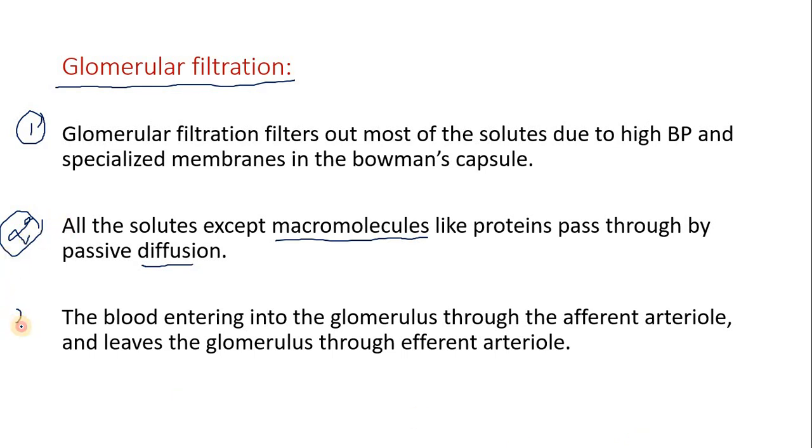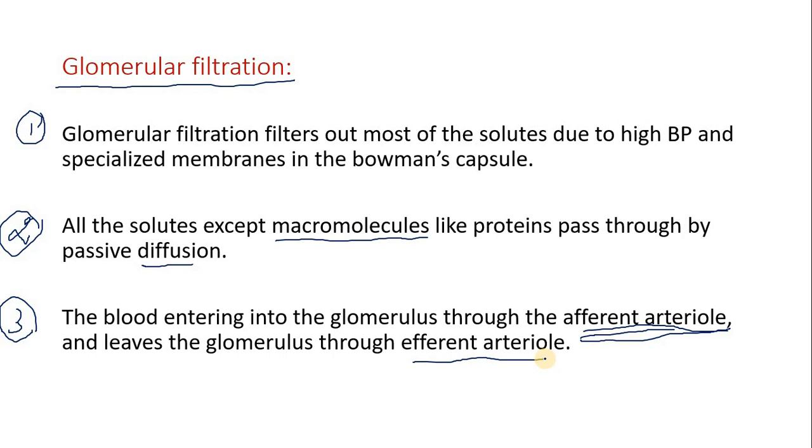Now come to the third point, the blood entering into the glomerulus through afferent arteriole, and leaves the glomerulus through efferent arteriole, like in case of artery and vein. There is no energy requirement at this stage.